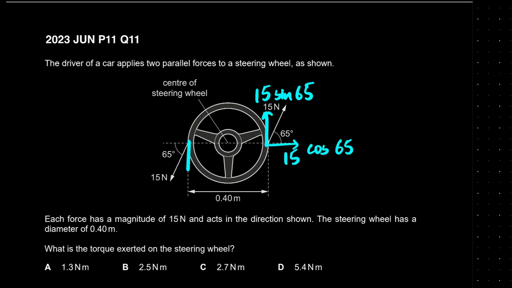So the formula for the torque of a couple is force, so the force of any one times the distance between the two forces, so it's really 15 sine 65 times 0.4.